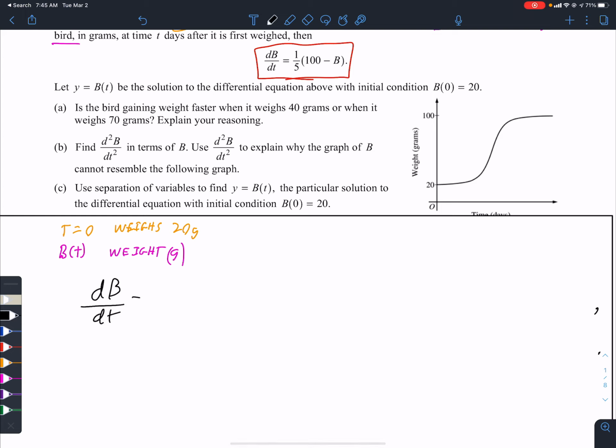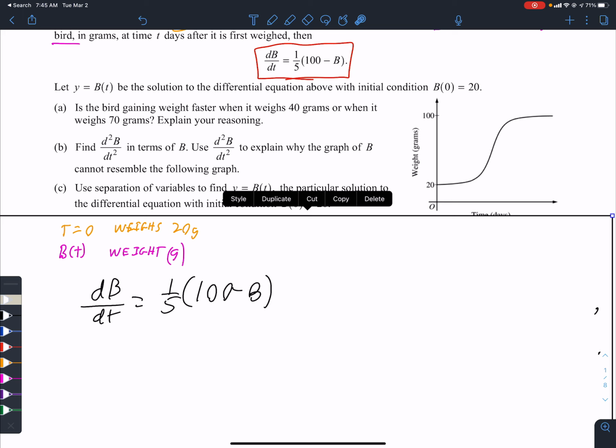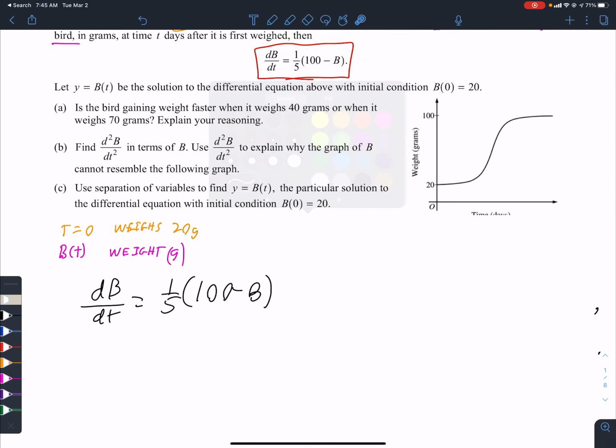So we're taking dB dt is this. And we need to find the particular solution. That is the function b, where if we plug it in here, it will make this equation true.